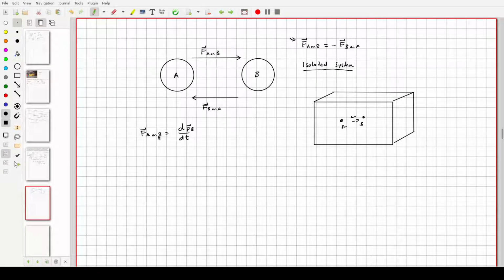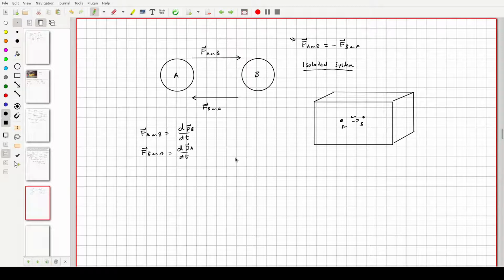Because that's what's going on. A exerts a force on B, and B is the one that's experiencing the change in motion, or the change in momentum. The force of B on A, well, that's going to be B affecting A's momentum.